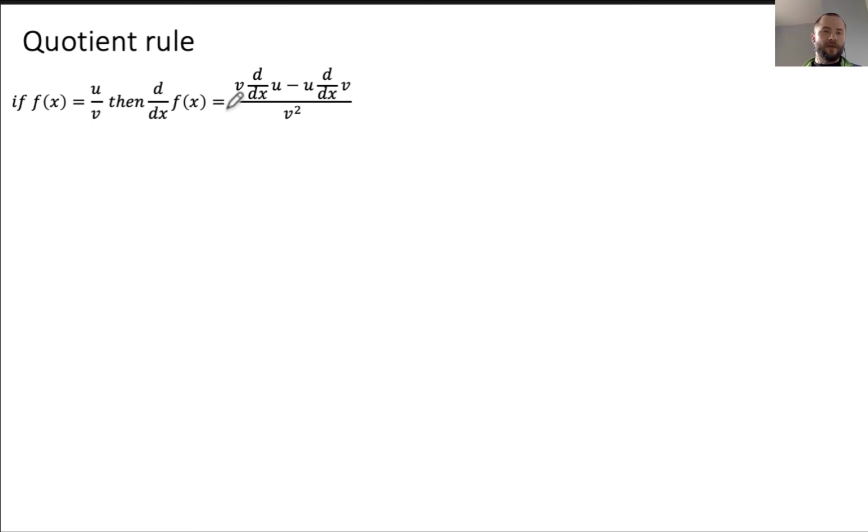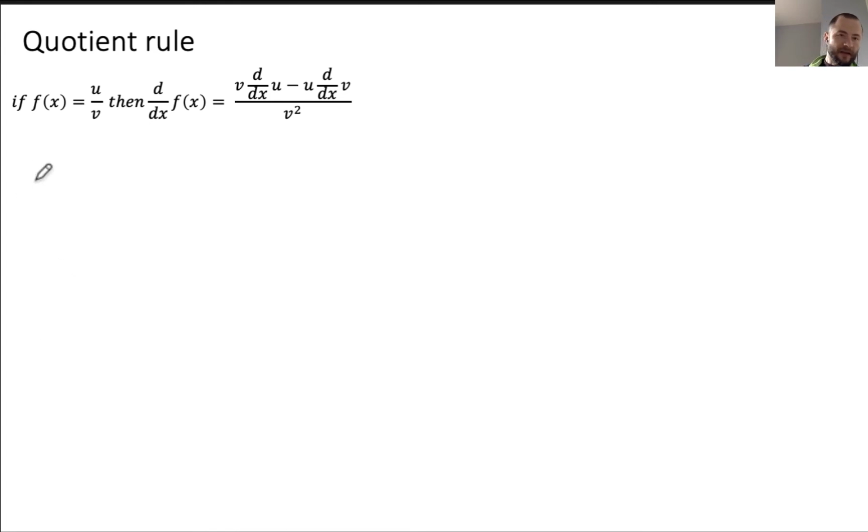The alternative is when rather than multiplying two functions, we're dividing them. So if you have a function that consists of a ratio of two different ones, then the derivative of that function is, and this is something to remember, or maybe use a handout of sorts: the denominator of the fraction multiplied by the derivative of the numerator, minus the numerator times the derivative of the denominator, and all that over the denominator squared.